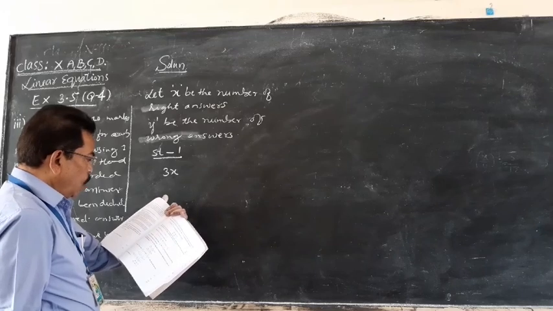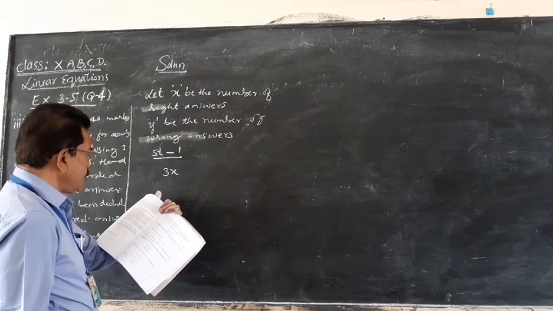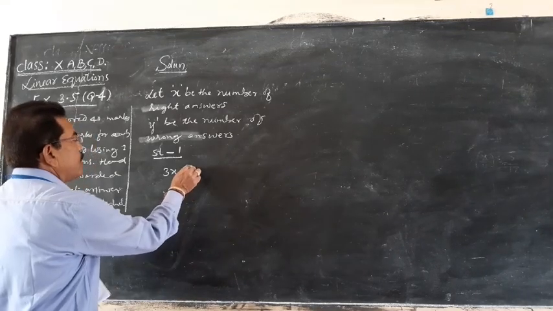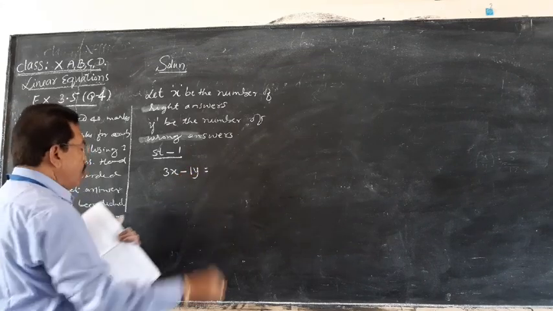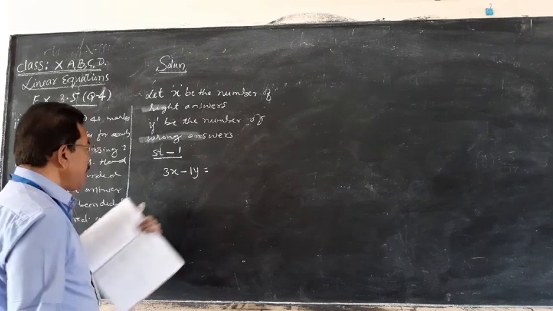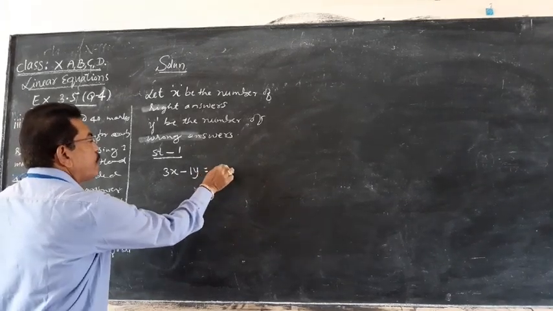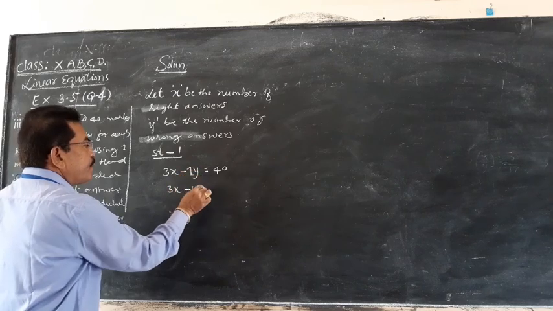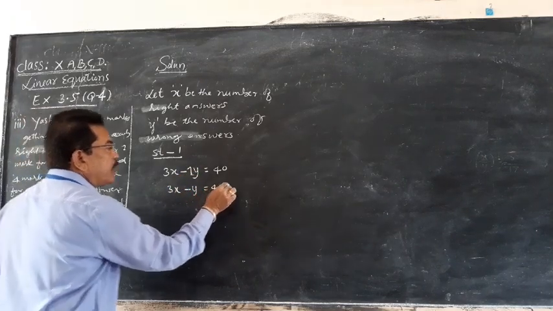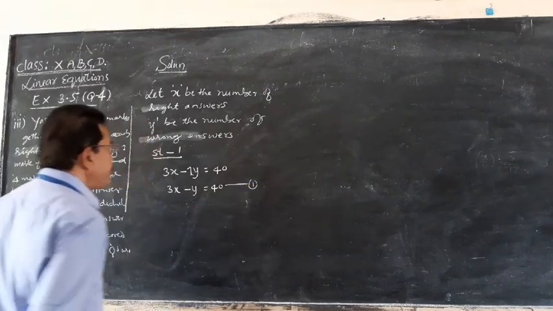And losing 1 mark for each wrong answer: minus 1 into y, that is minus y, equals 40. So 3x minus y equals 40. Equation 1.